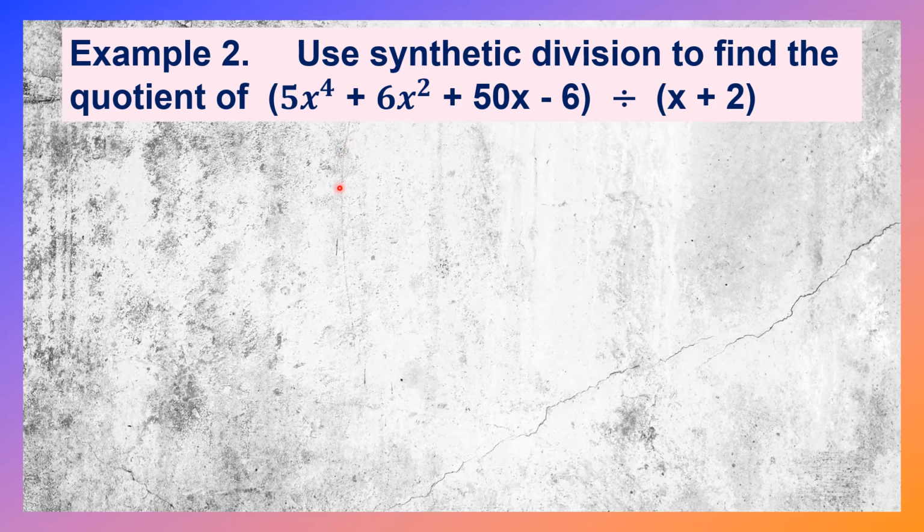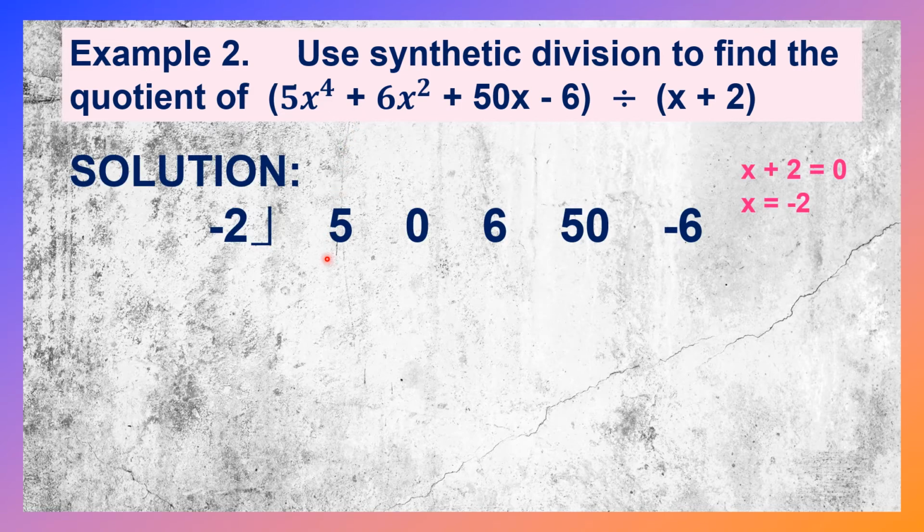So for our solution, we copy all the numerical coefficients of our dividend. So we have now 5. And then our missing term is 0. Then we have 6, positive 50, and negative 6.